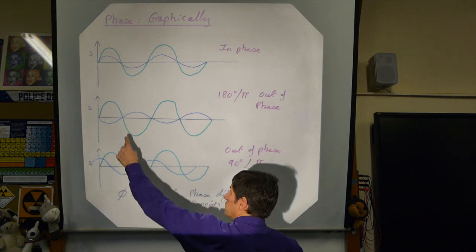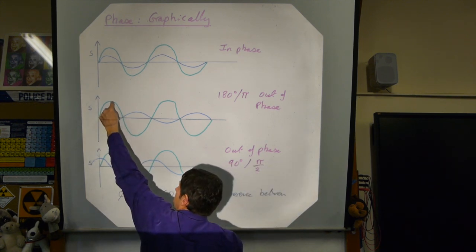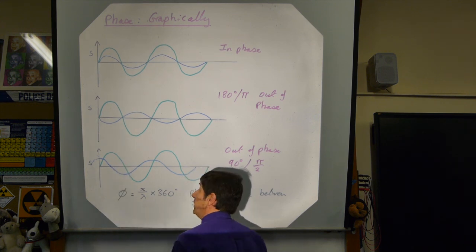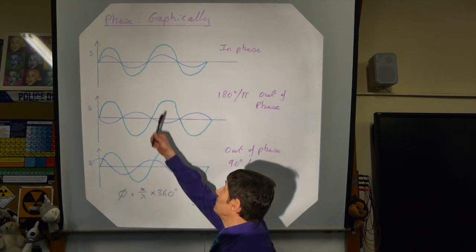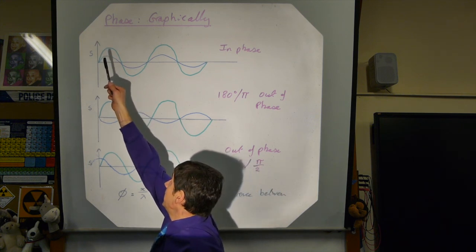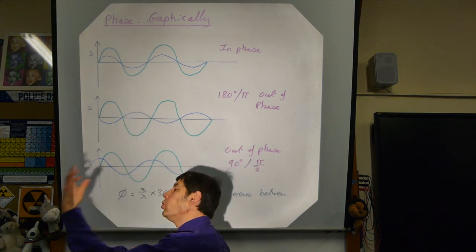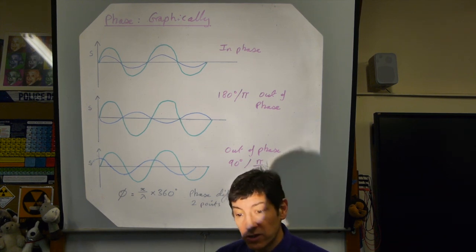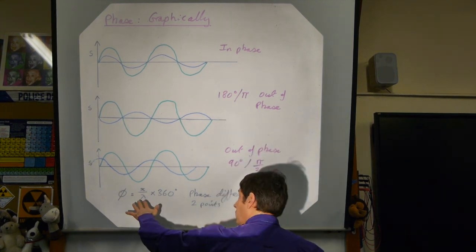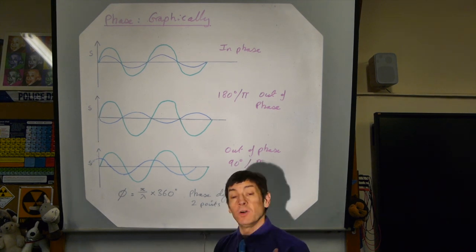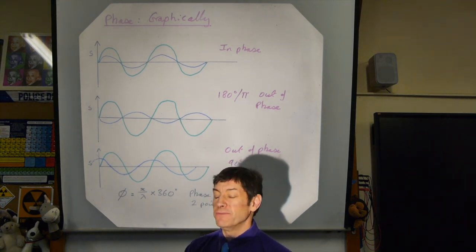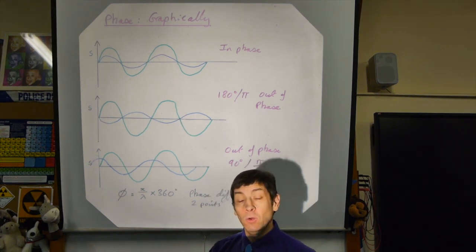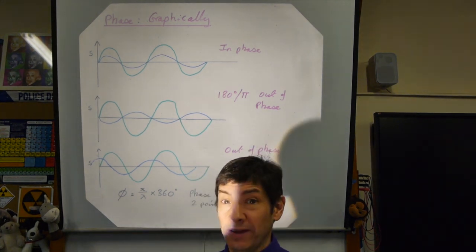You could say, okay, what's the phase between that point on the green wave and that point on the green wave? Okay, well, they're 180 degrees out of phase. The same for the first diagram. The top of the peak here and the bottom of the trough are always, yeah, 180 degrees out of phase. So you can compare the phase angle between points on one wave, or what's really interesting, as I talked about with photons and sound, the phase angle between two waves.